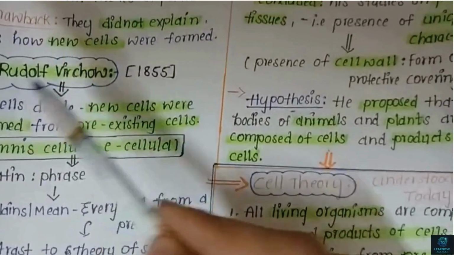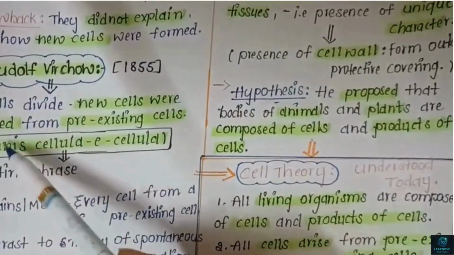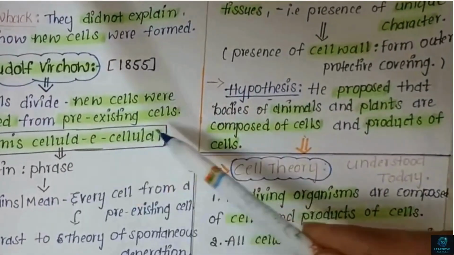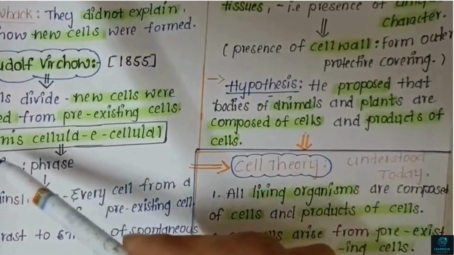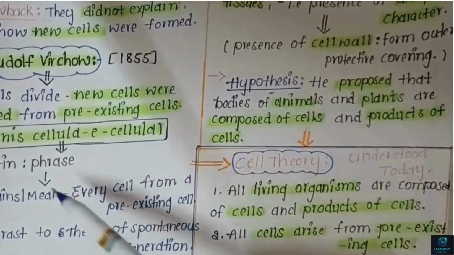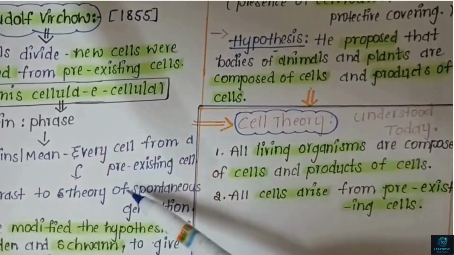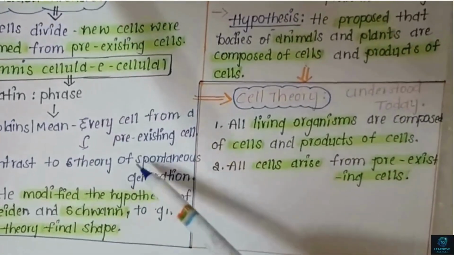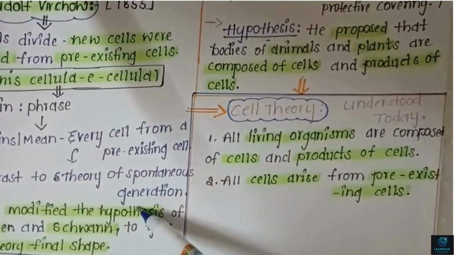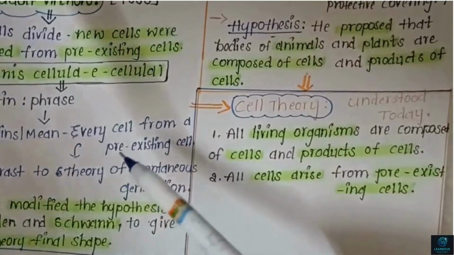Now, Rudolf Virchow in 1855 said that new cells were formed from pre-existing cells. He gave a phrase, omnis cellula e cellula. It's a Latin phrase which means every cell from a pre-existing cell, in contrast to the theory of spontaneous generation, which explained that cells arise as such.